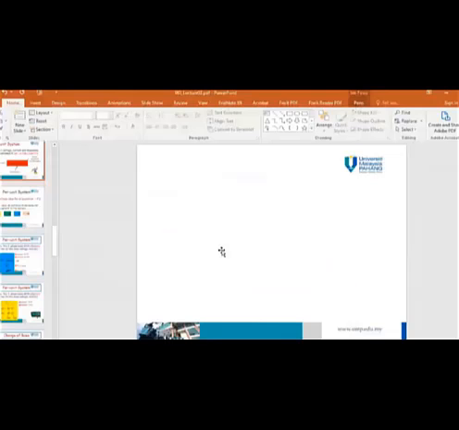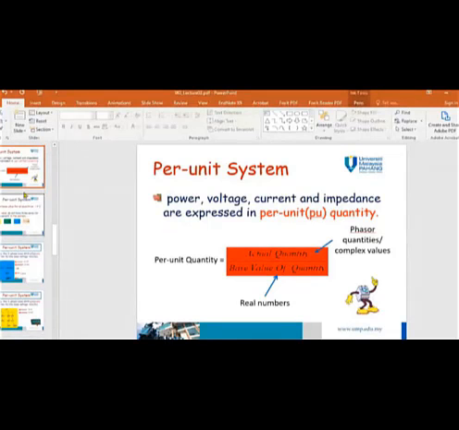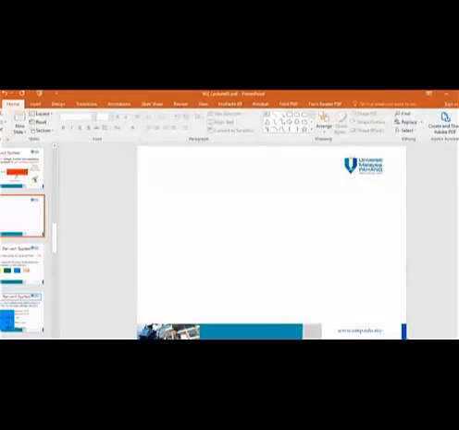So something like this. We have this circuit, a single line diagram like this. The power system network is not the same as an electronic circuit. Let's say we have this network.